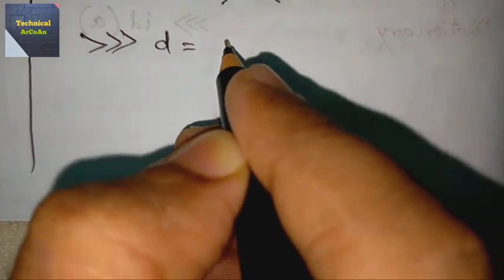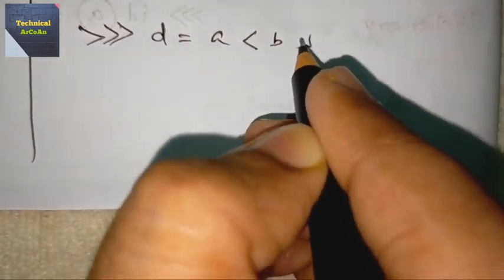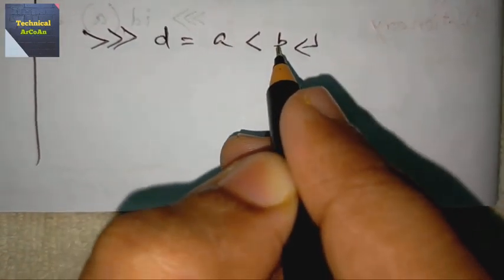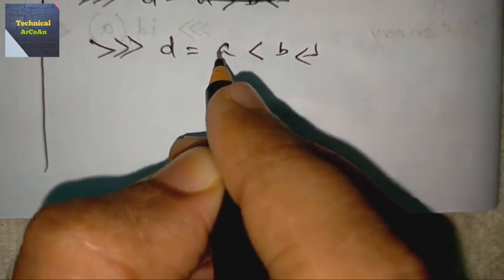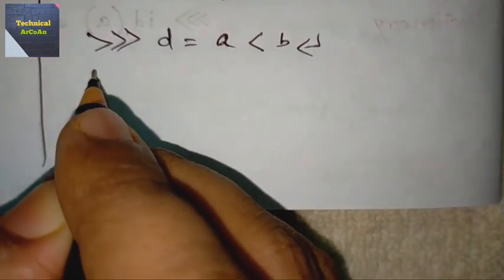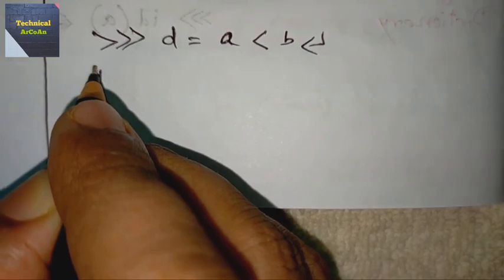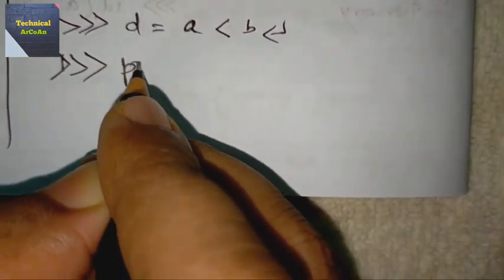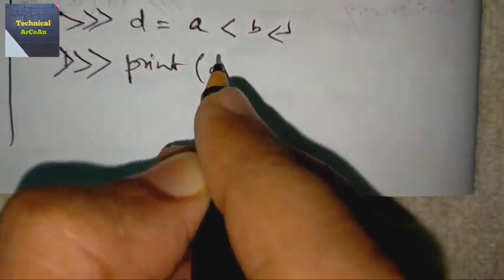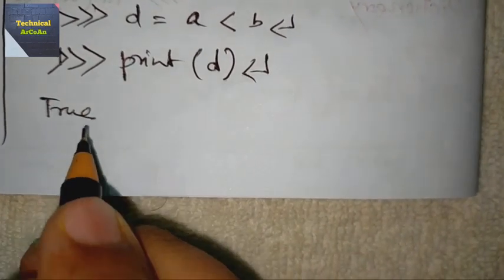Take another example, d equal a less than b. Now a is 10 and b is 20, so 10 less than 20 is true. If we print the variable d, we get true as output.